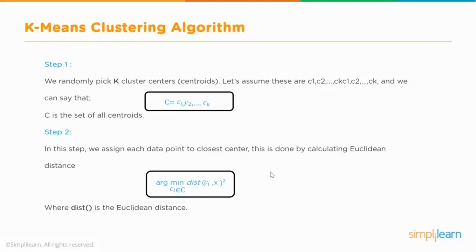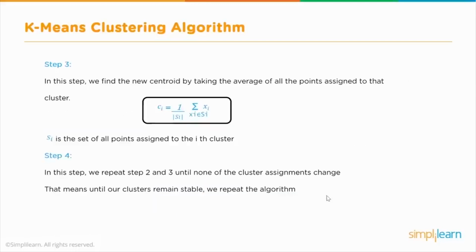But remember, the initial values of the C1, C2 were not really the centroids of these groups, right? We assigned them randomly. So now in step 3, we actually calculate the centroid of each group, which means the original point which we thought was the centroid will shift to the new position which is the actual centroid for each of these groups.